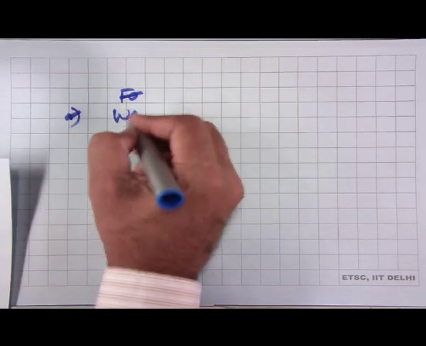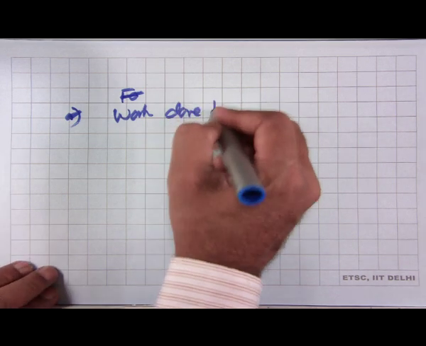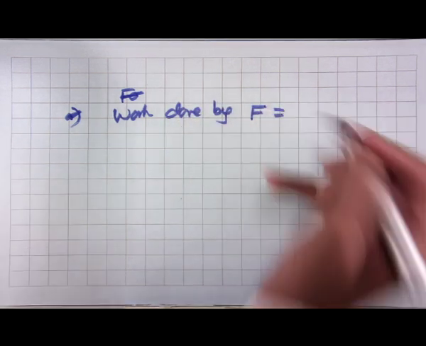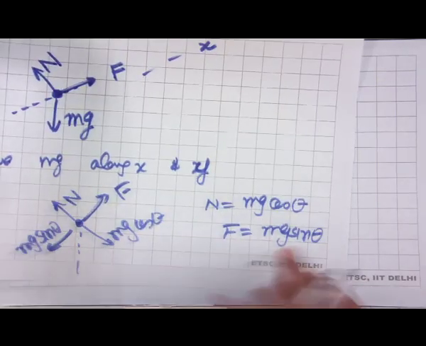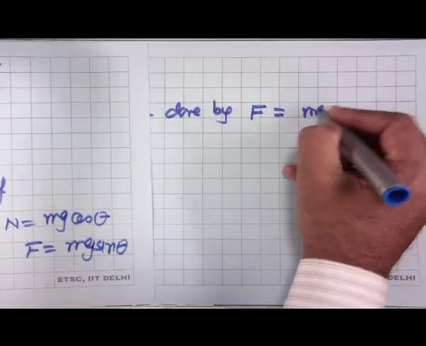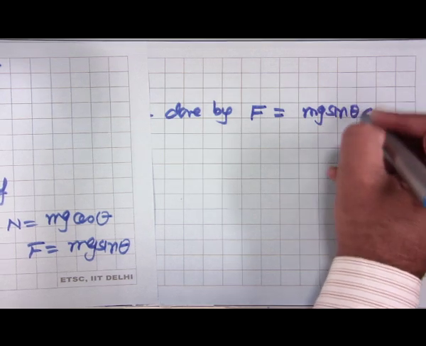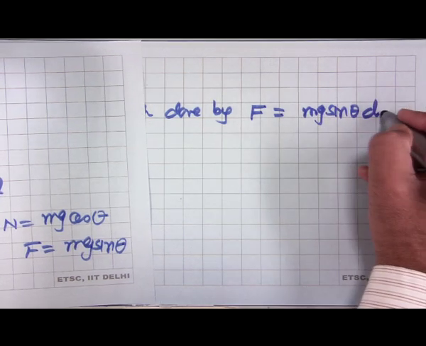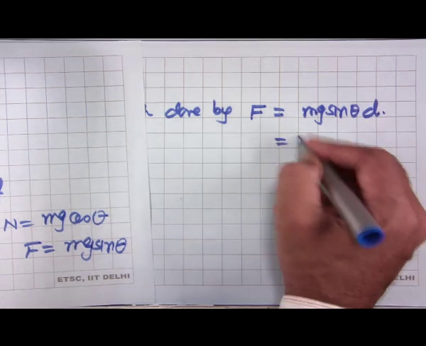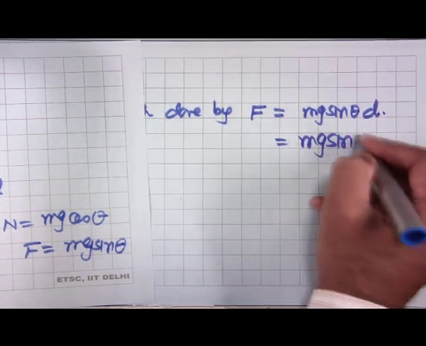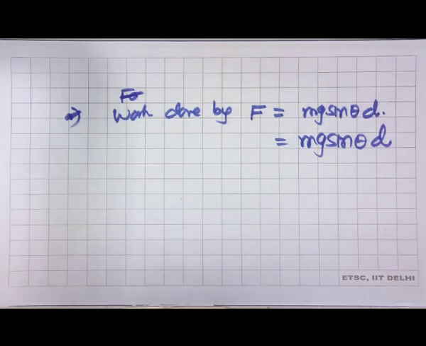Now, to find the work done by the force F, this will be equal to the force F, mg sin theta, times the displacement d times cosine of 0, which is 1. So that will be equal to mg sin theta times d.